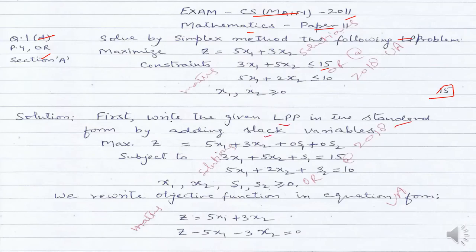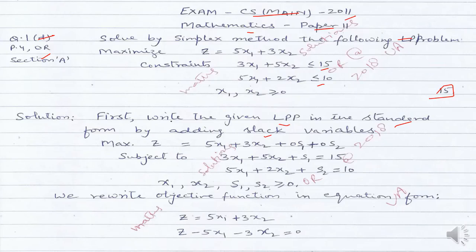So the given linear programming problem, we are writing in standard form by adding slack variables, because both of the constraints have less than or equal to sign. So we add slack variables, meaning something is less on the left hand side.